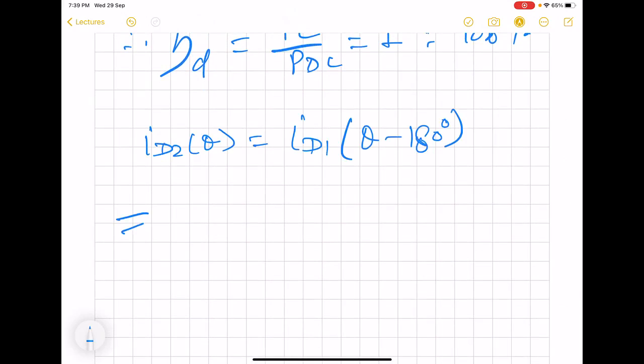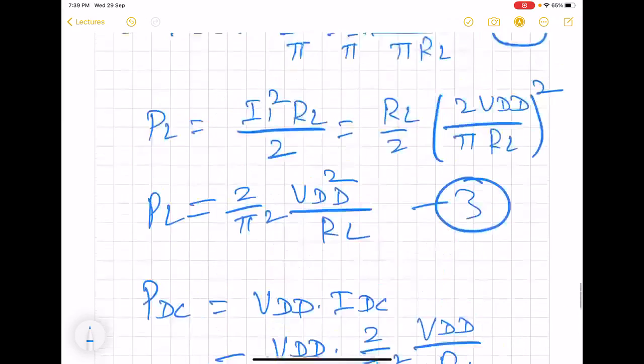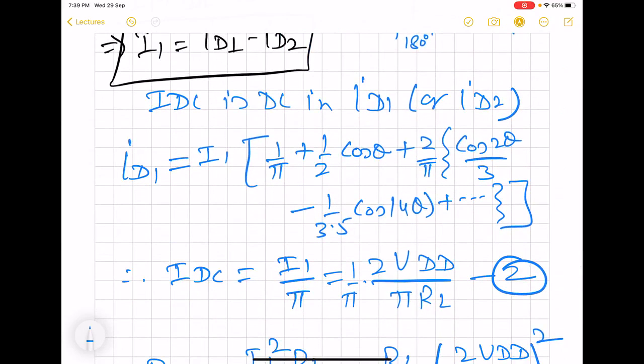If we carry out this shift, then the DC term will be unaffected, and the polarity of the fundamental will get reversed. However, all the even harmonics will again be unaffected because a 180 degree shift becomes 360 degrees, and 720 degrees for the fourth one, and so on. So only the fundamental component is the one whose polarity will get reversed if you shift ID by 180 degrees.